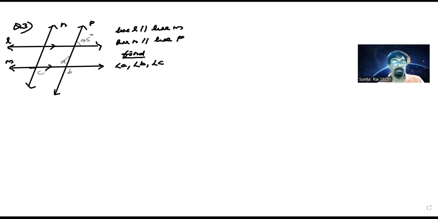Because it has 45 degrees, and angle A, which is asked, also lies on transversal P. So naturally, look at this transversal P for the parallel lines. Are 45 degrees and A related here? No way. I cannot relate them. But if I introduce either of these angles as X, I think I can then find the values of A and B very easily.